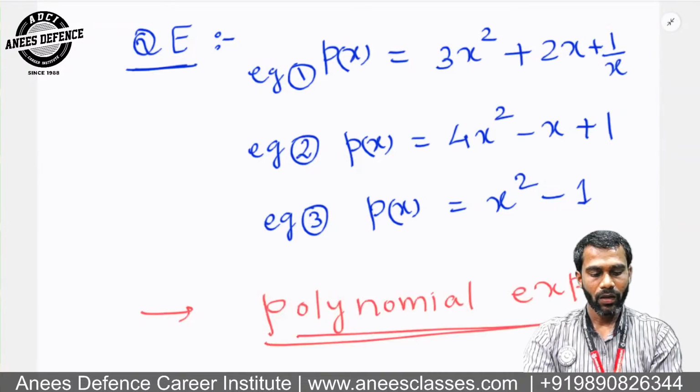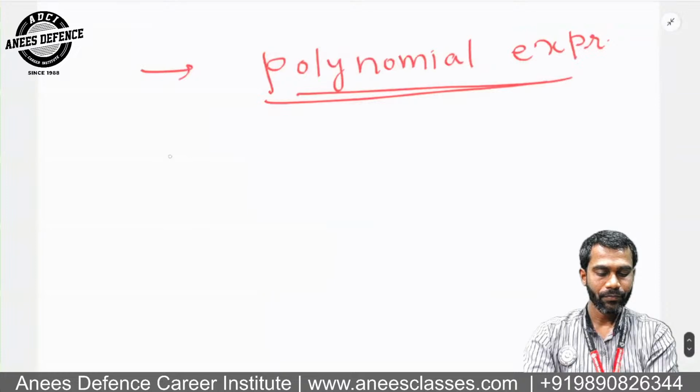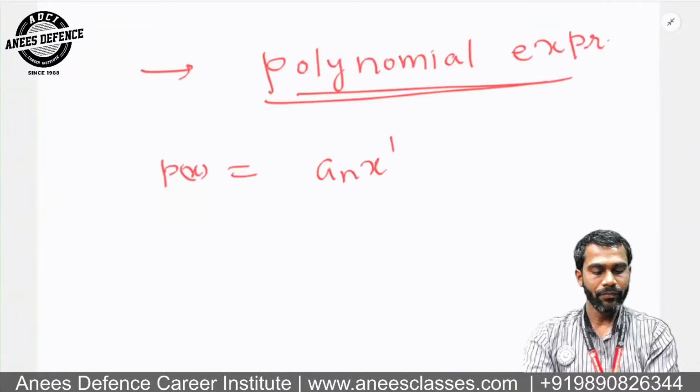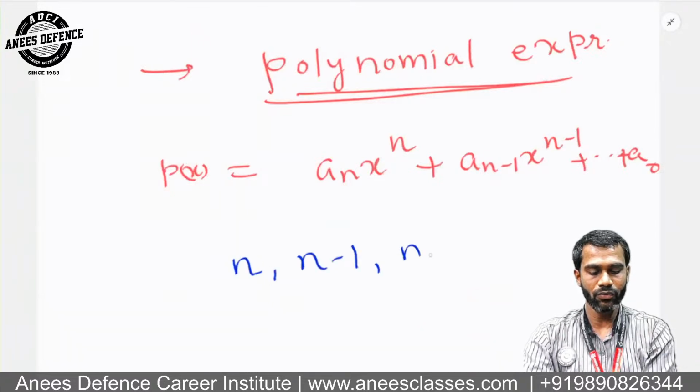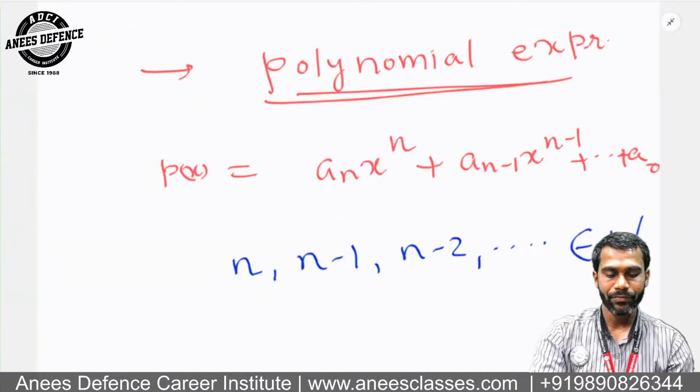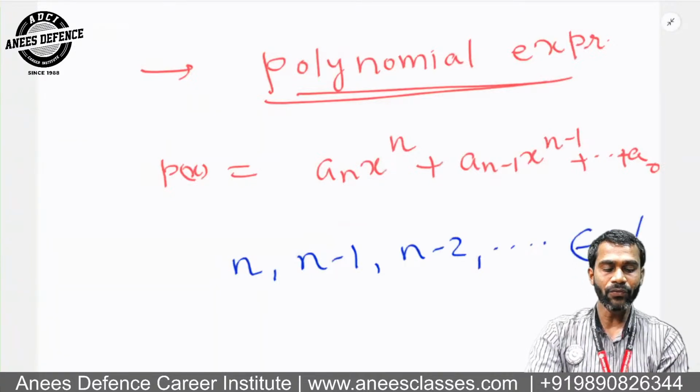See, it should be of the form a n x raised to n plus a n minus 1 x raised to n minus 1 and so on, until a naught. All the powers should be whole numbers. That is the first condition. n, n minus 1, n minus 2, and so on, must belong to whole numbers. Yes or no? That is the first condition.